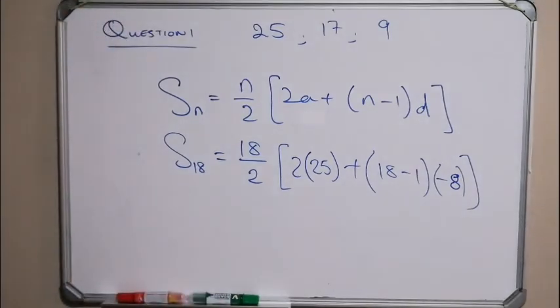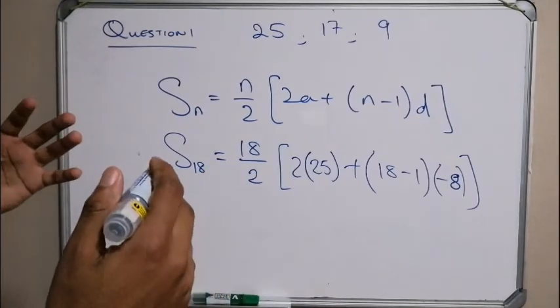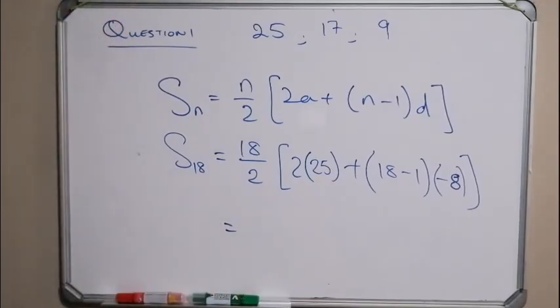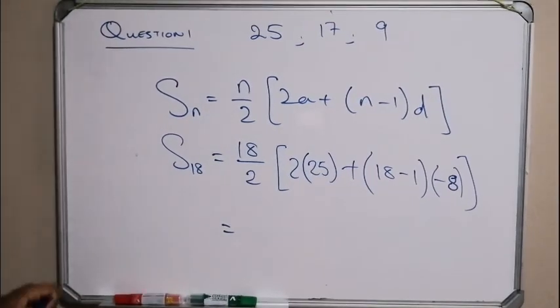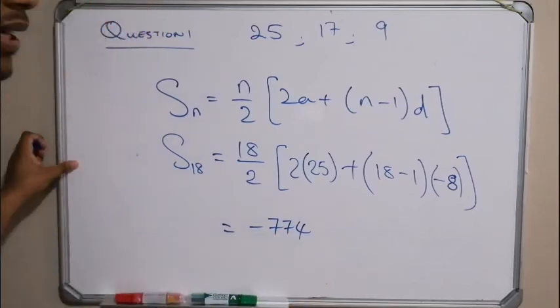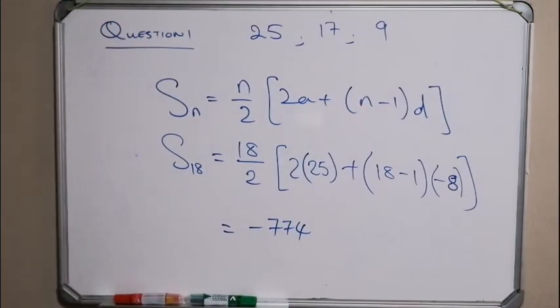It really helps when you're doing the calculation on your calculator, and it just helps you perceive things a bit better. Okay, so do this calculation on your calculator, and that should kick out the correct answer. And the answer I get is negative 774. And there you go. That's it.